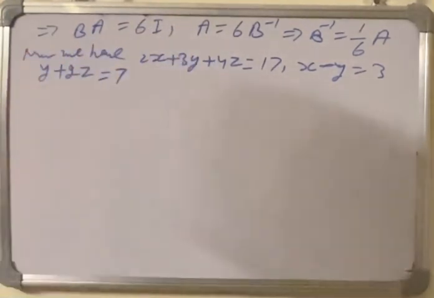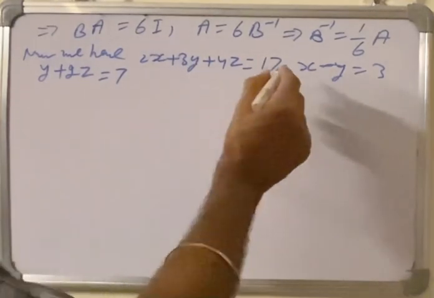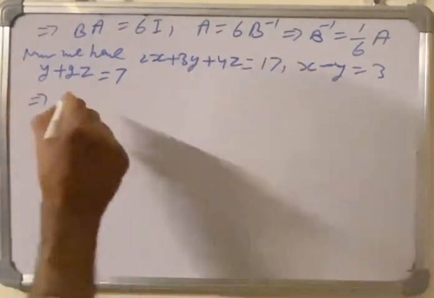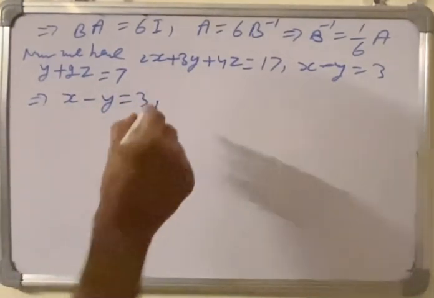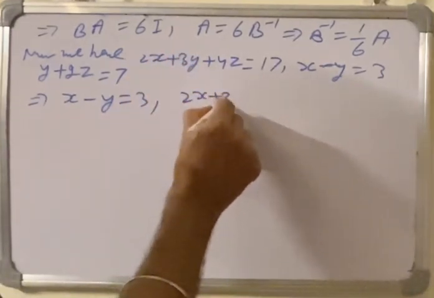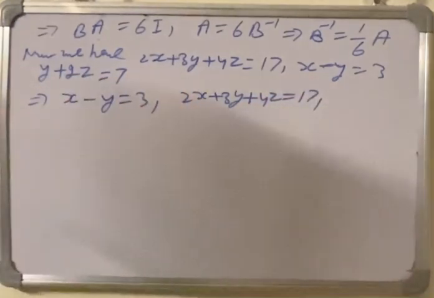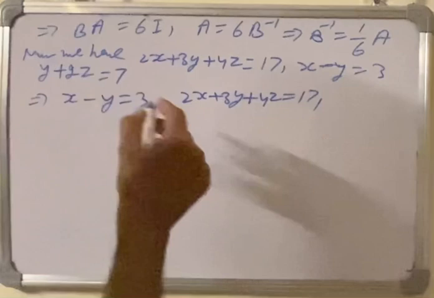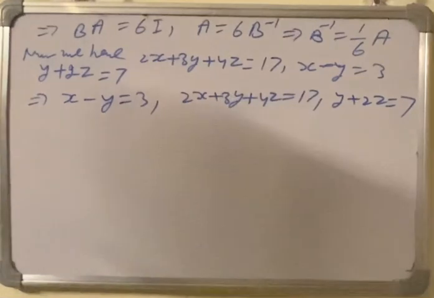So we shall write this in the same sequence as in the matrix B. First row is 1 minus 1 0, so first of all we shall write x minus y is equal to 3. Second row is 2 3 4, so we shall write 2x plus 3y plus 4z is equal to 17. And the third, as we can see from B, is 0 1 2, so this is y plus 2z is equal to 7.